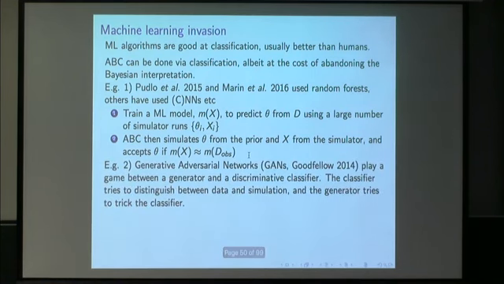If you move in machine learning circles a bit, there's a lot of interest at the moment in these generative adversarial networks, which a speaker mentioned the other day. The idea there is that you play a game between the generator and a classifier. The generator is your simulator that spits out samples. Your classifier tries to classify whether it's from a simulator or from the real data.